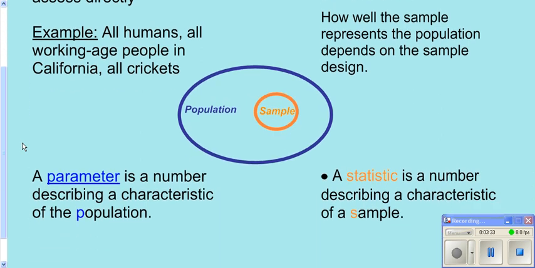Now, a parameter is a number that describes your population. So it could be the mean of all the humans, or the average weight of all the crickets, or the average age of all the working age people in California. That would be a parameter. If you have a number that's describing something you got from your sample, we consider that a statistic.